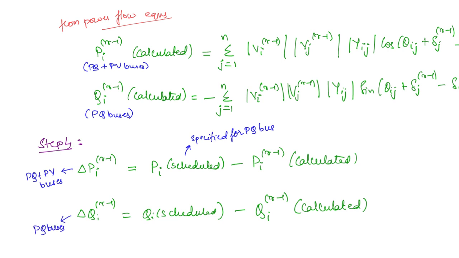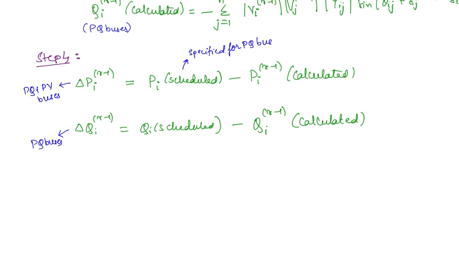Now these differences between the scheduled and the calculated values, if they are less than a certain tolerance level, which might be mentioned in the question, then the iterations can be stopped and we can directly go to find the power flow from the power flow equations. But if it is not less than the tolerance limit, then we have to go to the next step.